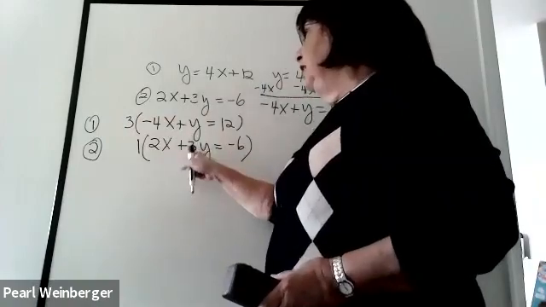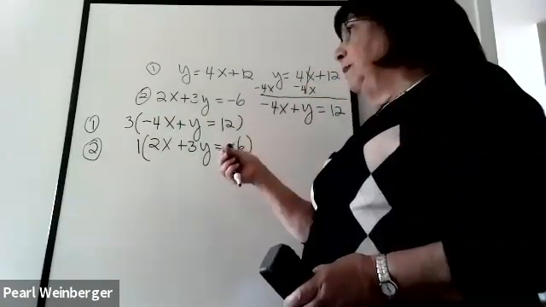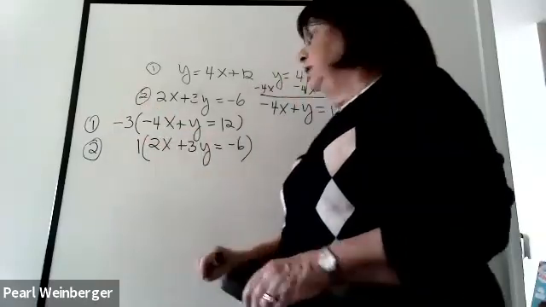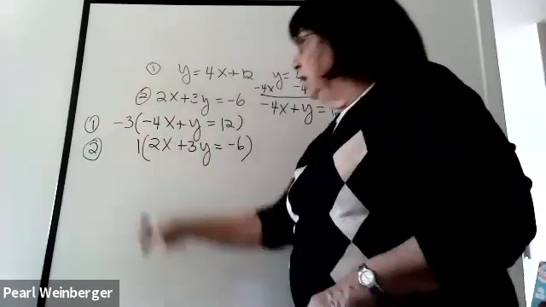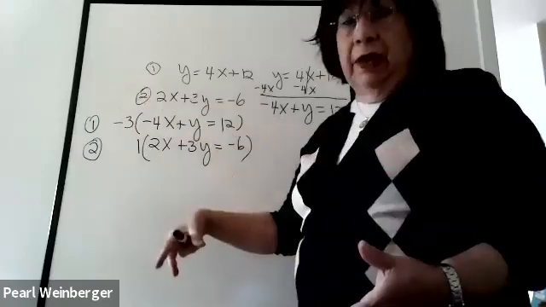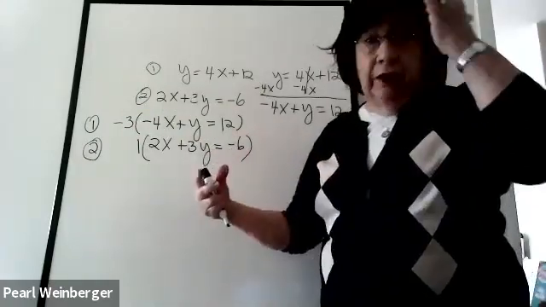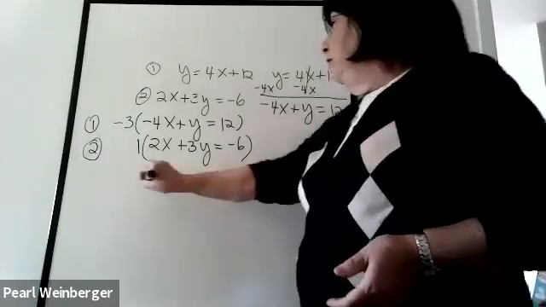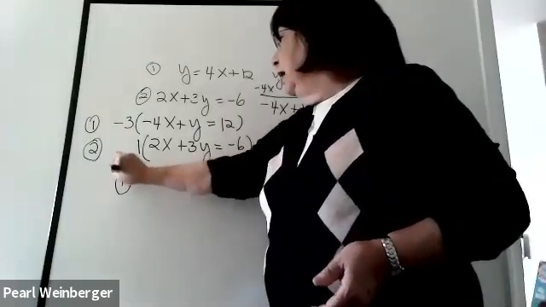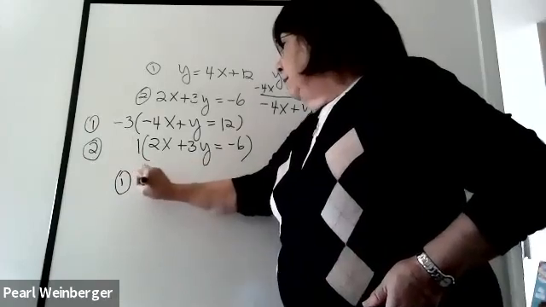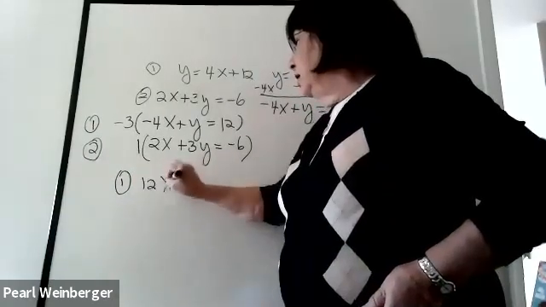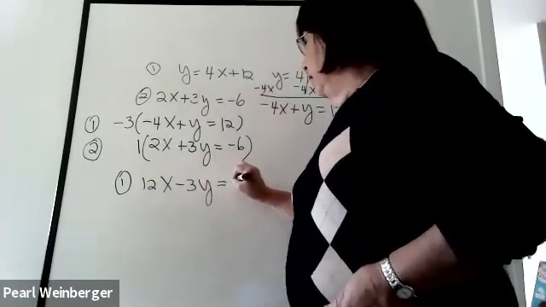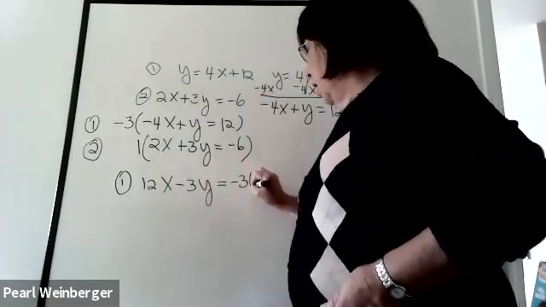But since both of these are positive and I need one to be positive and one to be negative, I'm going to make one of these numbers negative. And it doesn't matter if it's the top number or the bottom number, not both of them negative, but one negative and one stays positive. So my first equation, after I've multiplied it by -3, will be positive 12x minus 3y equals -36.